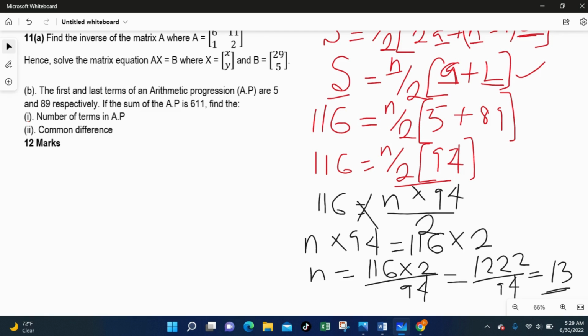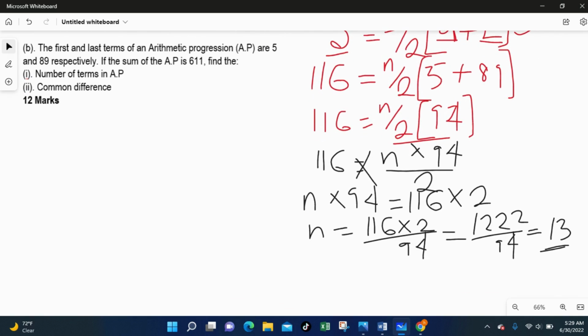The next thing we want to look for is the common difference. Having gotten the number of terms, remember the last term of an arithmetic progression, Un, is equal to the first term plus (n minus 1) times the common difference.